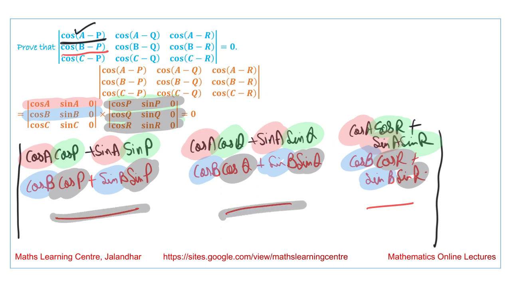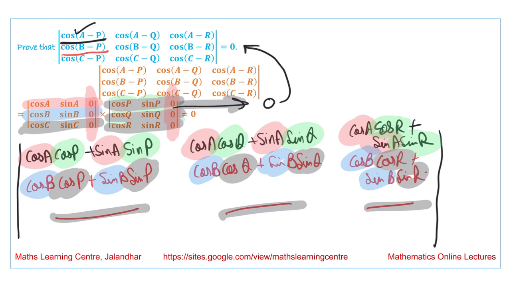Similarly we can write the third row. Again, in these determinants the last column is 0, so the determinant of both is 0, and the final answer for the product of these two is 0, and this is what we had to prove.